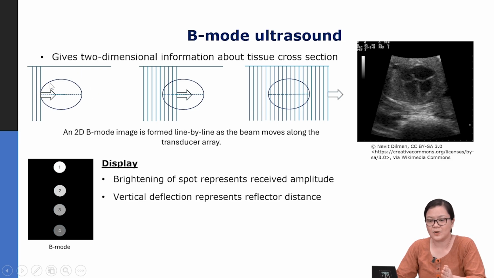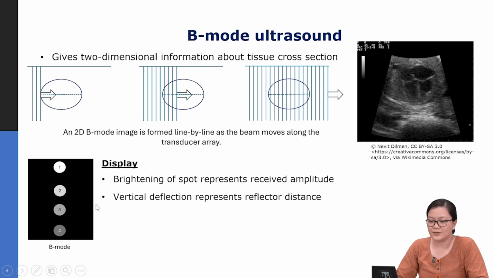And as we go along, we have multiple A lines that are stacked together side by side, right here, until it forms an entire ultrasound B mode image right here. So again, a B mode image is just a vertical stack of A lines, right? And the nice thing about a B mode image is that it can give two-dimensional information about a tissue cross-section.